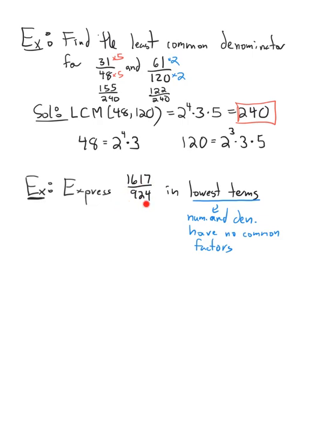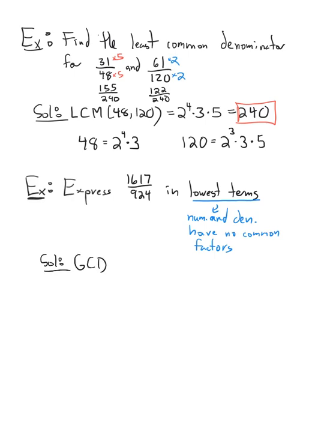What we need to divide by is the greatest common factor. That will put this fraction in lowest terms. If we divide by the greatest common factor, then there's no other factors left between the numerator and denominator. They're all factored out.